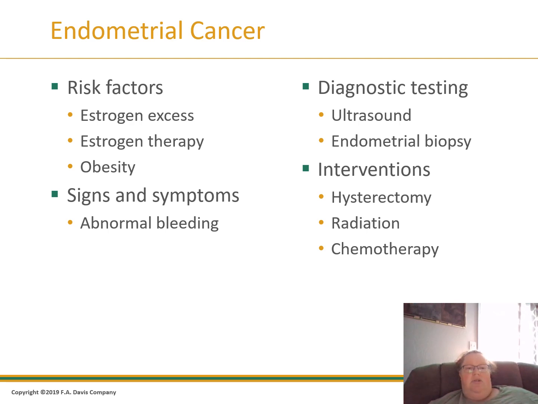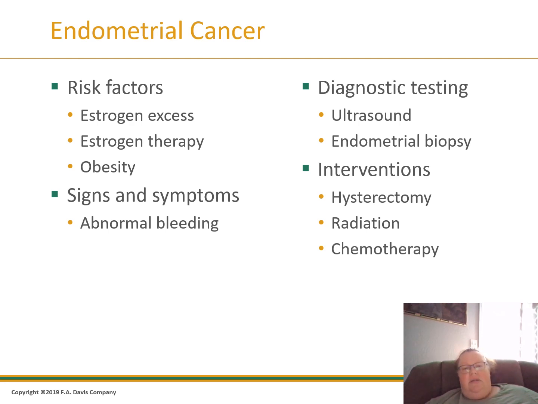Endometrial cancer, which is your uterine cancer, has risk factors of estrogen excess, estrogen therapy, and obesity. Remember, fat cells produce estrogen, so if you are overweight, you're at higher risk due to estrogen excess. Signs and symptoms are abnormal bleeding.